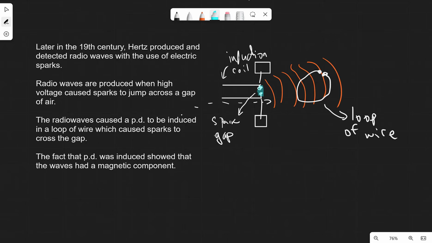So this loop of wire had some current which started going through it, and this meant something very, very important. Remember, induced EMF is proportional to the rate of change of magnetic flux. Therefore, this means that the radio waves had a magnetic component.